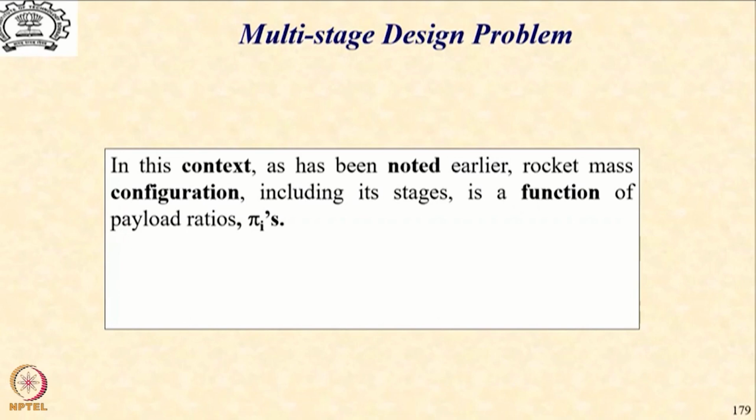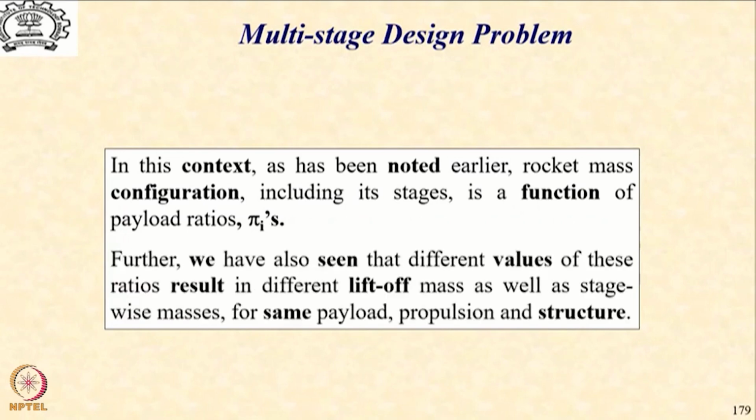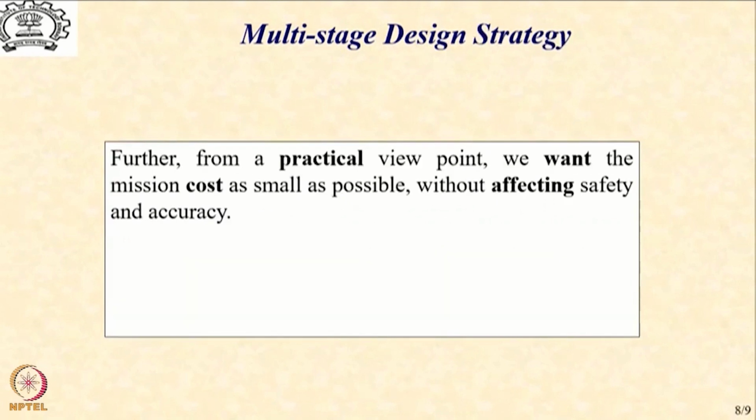Question is, among those many possibilities that we have, which is the one which we should choose? How do we ultimately get those pi i's which are compatible with the mission that we have in mind?